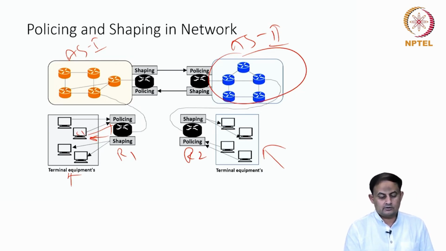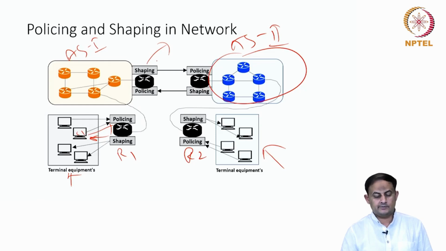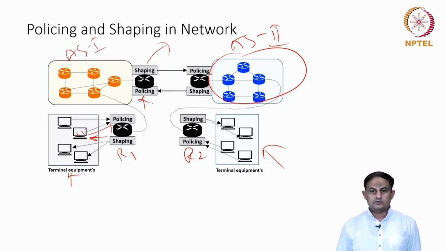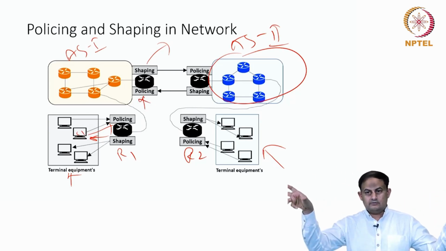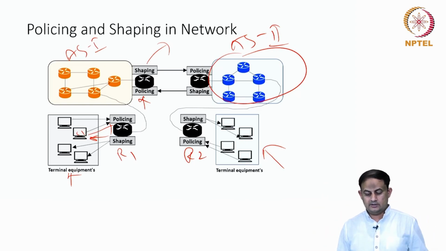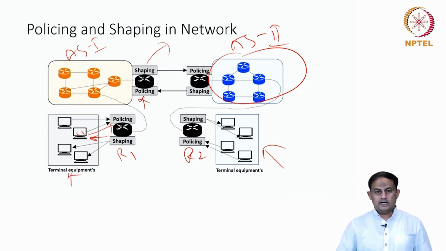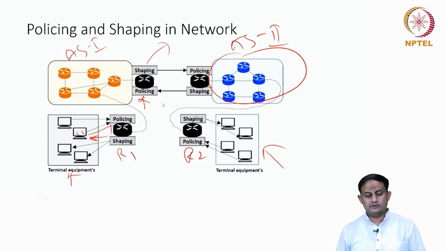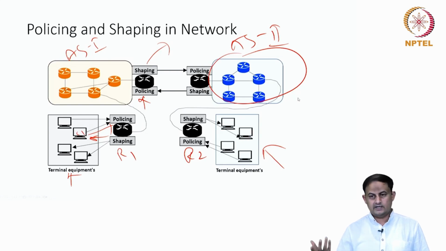When the traffic is exiting the network and going to the second autonomous system, shaping is happening, and whatever is received from autonomous system 2 is policed at this router. That is how between autonomous systems or networks you do the policing and shaping operation. That is the big picture: policing and shaping are two of the traffic management actions.